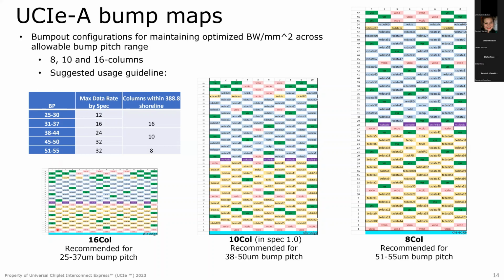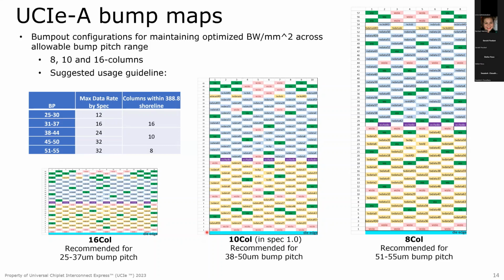What that really translates to is you want to reduce the number of rows and increase the number of columns. If you imagine for one moment, if you were to maintain the 10-column design when you go down to 25 micron bump pitch, what that would really translate to is you have not at all taken advantage of the X pitch reduction that's allowed to you. You've only taken into account Y pitch reduction.